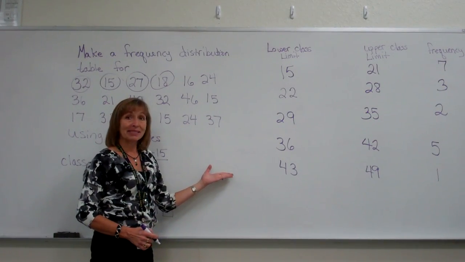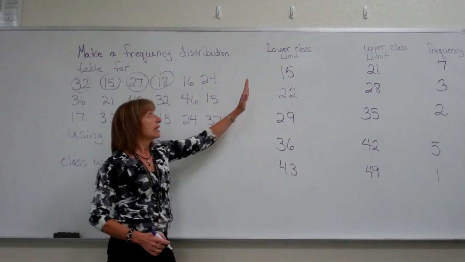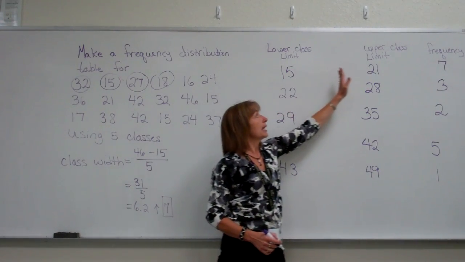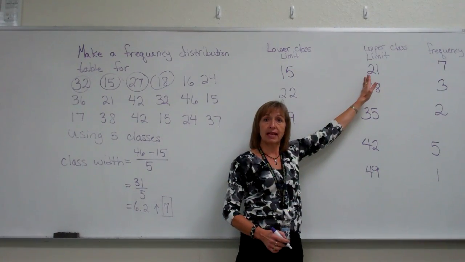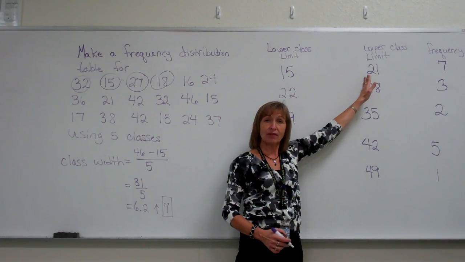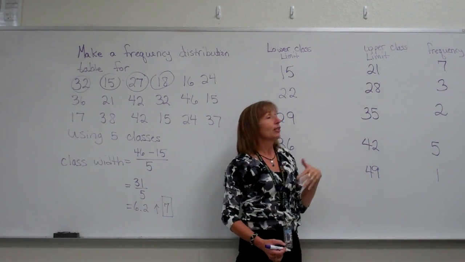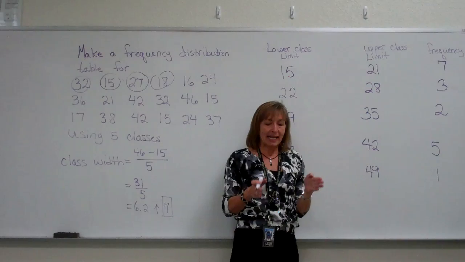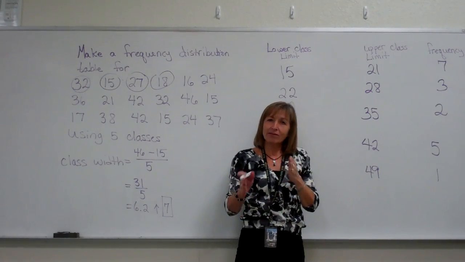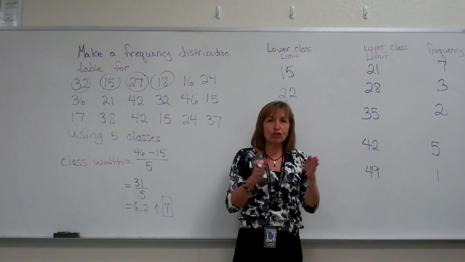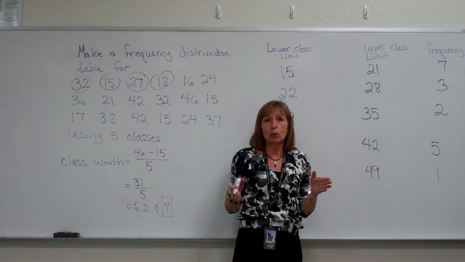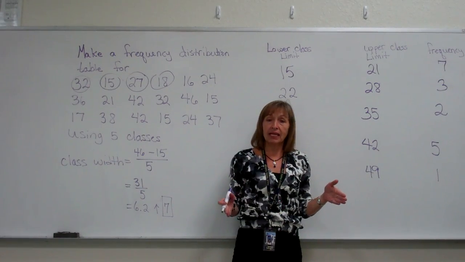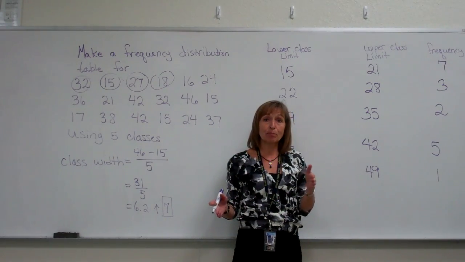Now, sometimes instead of giving the lower class limit and the upper class limit as the lower and upper data values that they represent, they will give you not only where the data values could be in the spans, but where the classes would meet halfway in between. Those values are called the class boundaries.